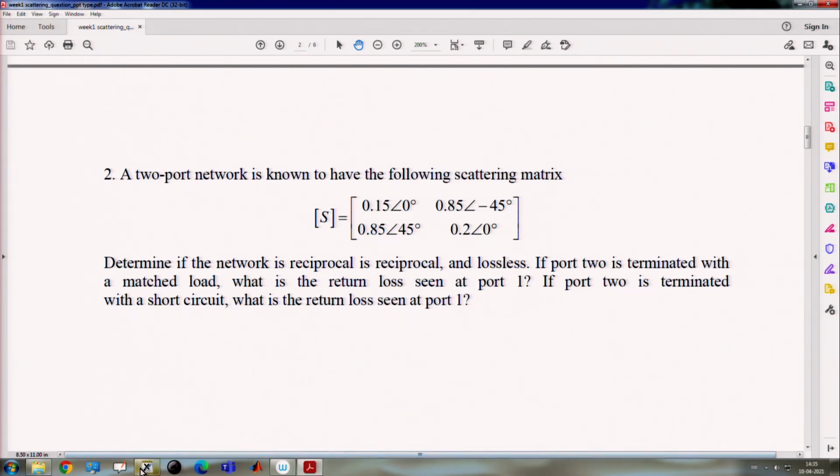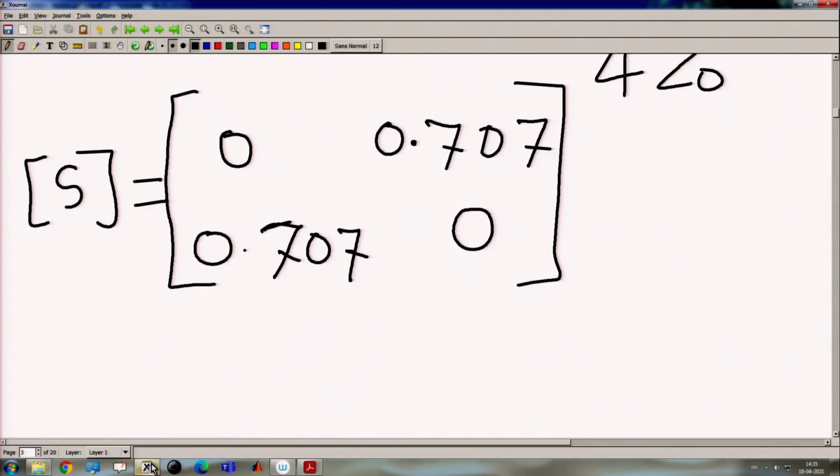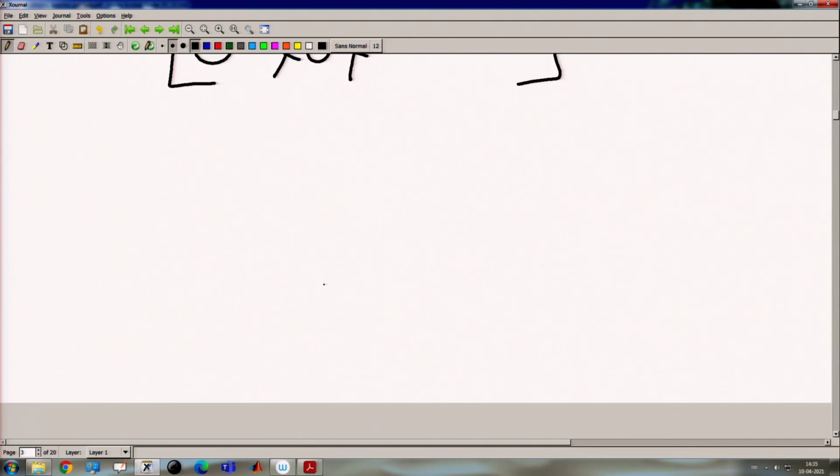So, we can go to the notepad. First we can go to the second problem. What was the S matrix?